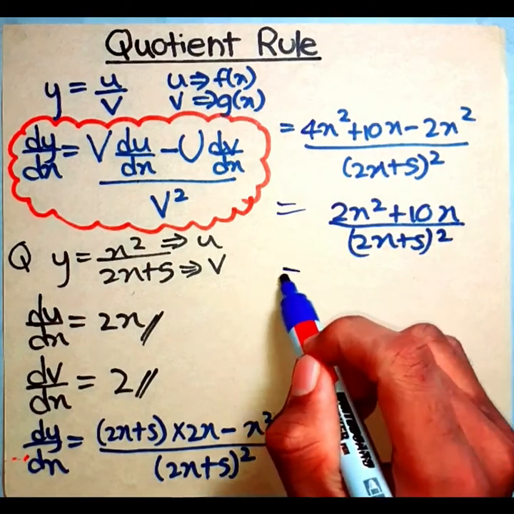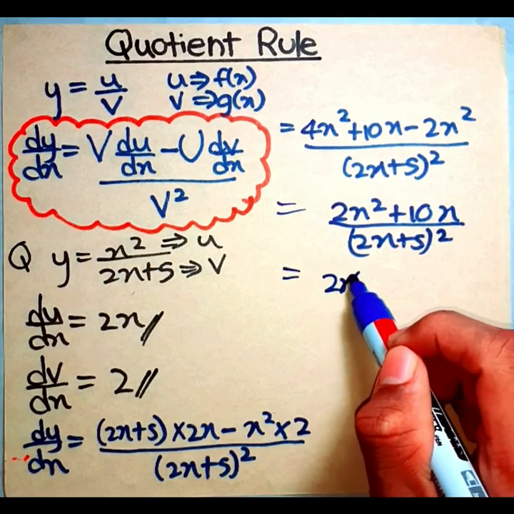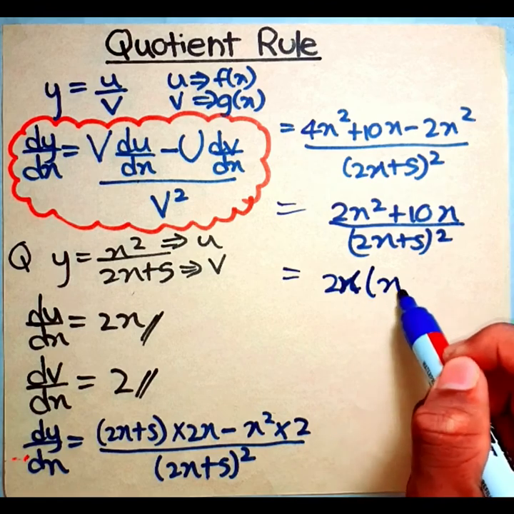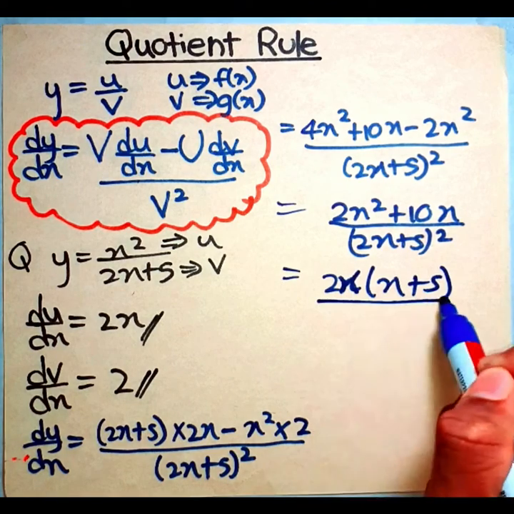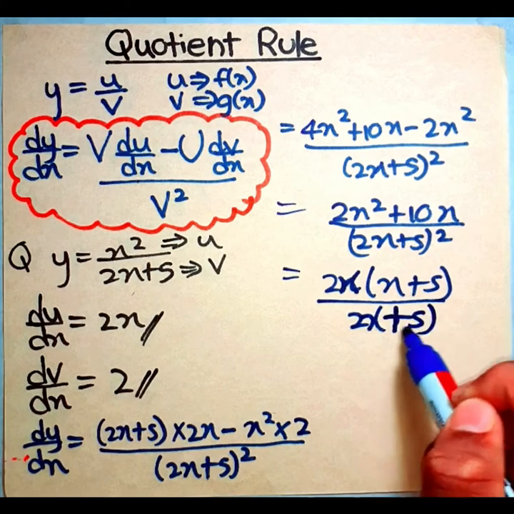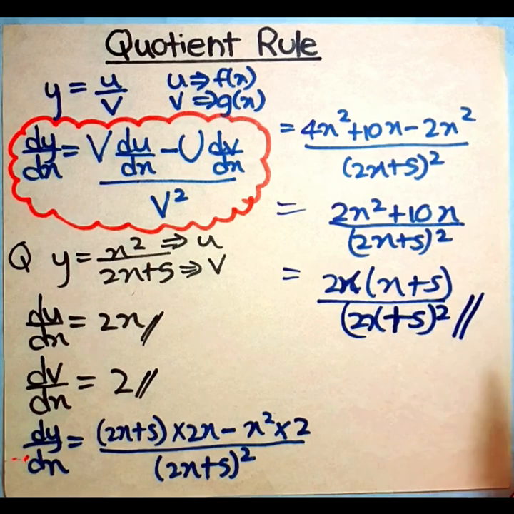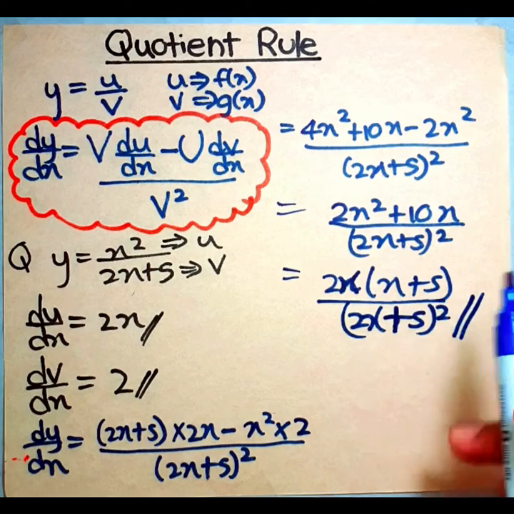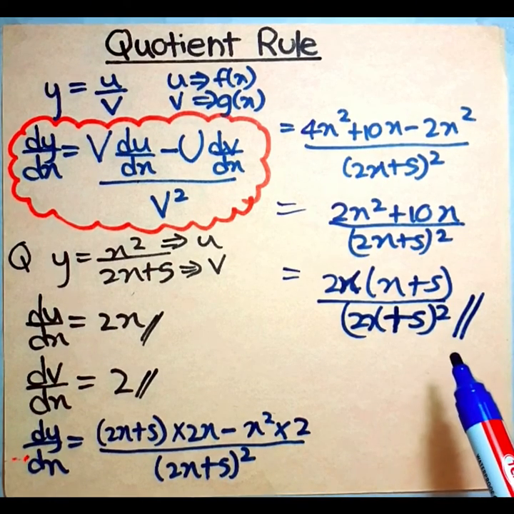If we want, we can take 2x out, and we end up with x plus 5 divided by 2x plus 5 everything squared. We cannot cancel these terms, so we leave it like this as the final answer.